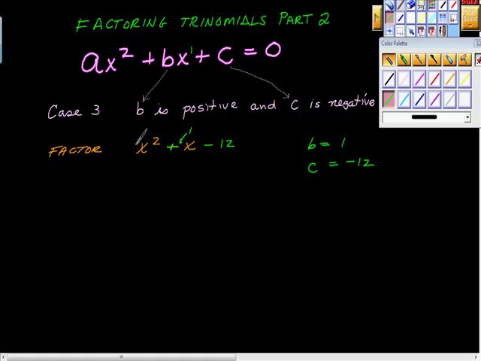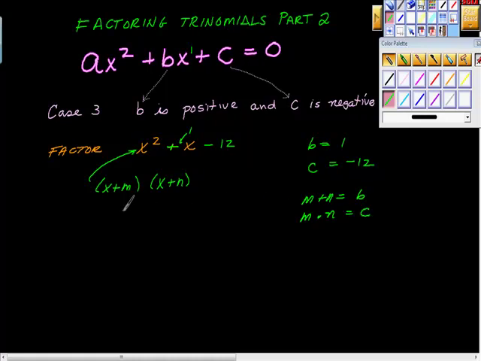Reminded that when a is 1, we can use this little rule here: x plus m times x plus n will be equal to this thing up here, where m plus n is equal to b, and m times n is equal to c.